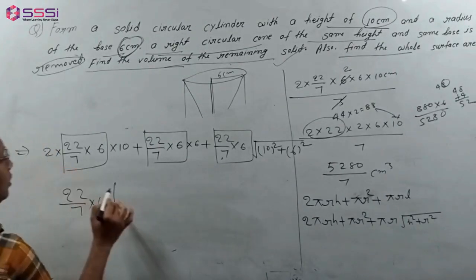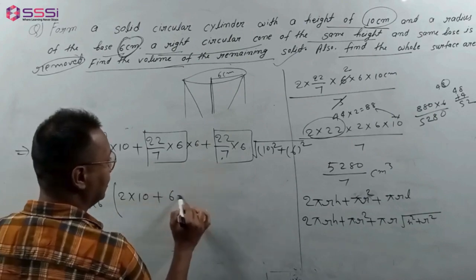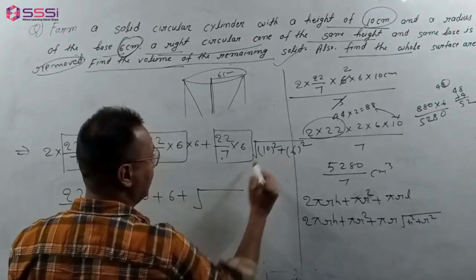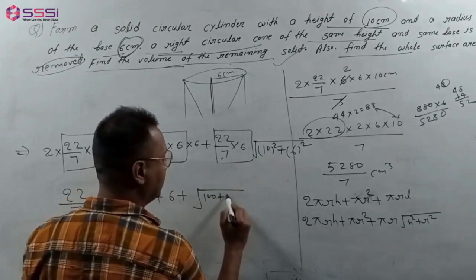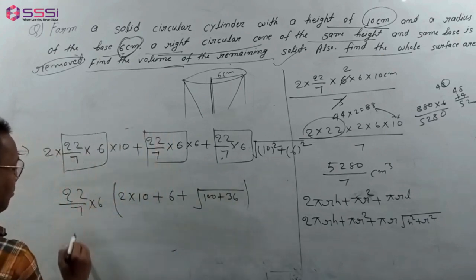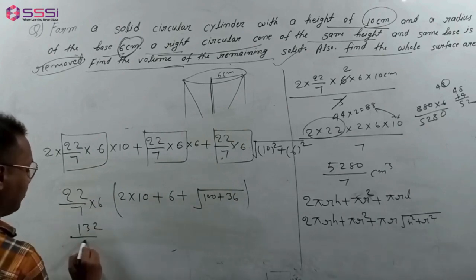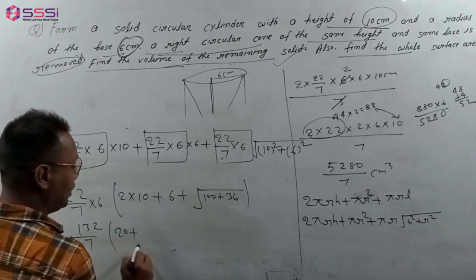Remaining number is 2 into 10 plus 6 plus square of 10 equal to 100 plus square of 6 equal to 36. Multiply this number 22 multiply by 6, 132 divide by 7. 2 multiply by 10 equal to 20.